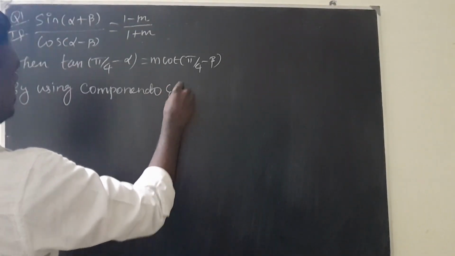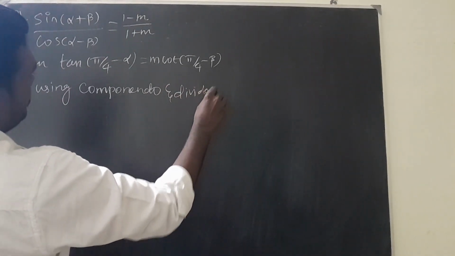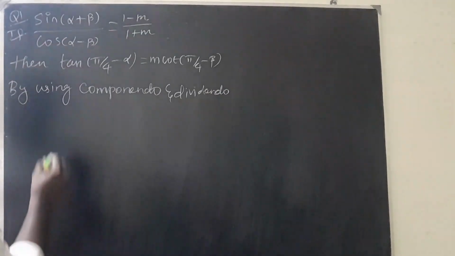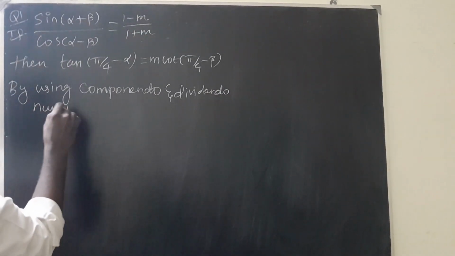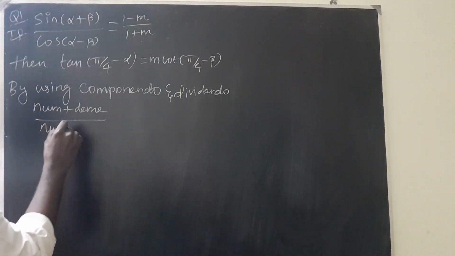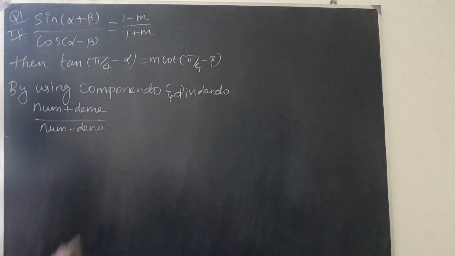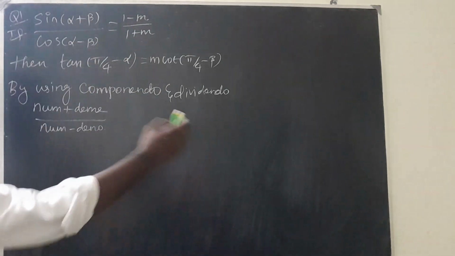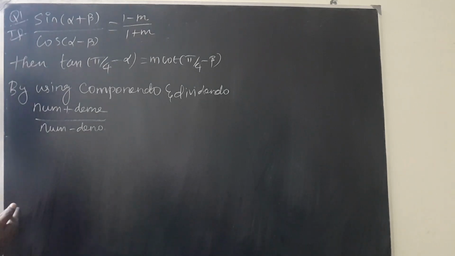Componendo and dividendo. That is numerator plus denominator divided by numerator minus denominator, applied on both sides of the equation, the right hand side as well as the left hand side. So here what we have by the componendo dividendo rule?